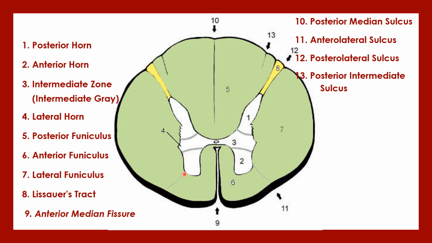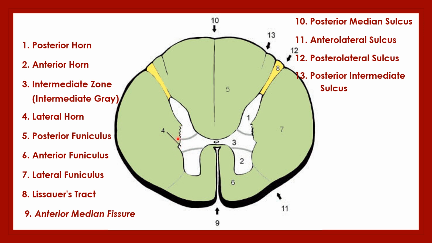So this is the anterior horn, which carries the motor neurons, and this is the posterior horn, which carries the sensory neurons, and this is the intermediate zone, and this is the lateral horn.